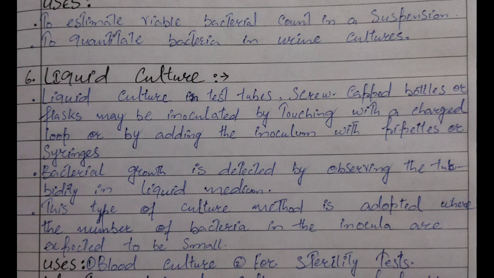Bacterial growth is detected by observing the turbidity in liquid medium. This type of culture method is adopted where the number of bacteria in the inocula are expected to be small. Uses: blood culture and sterility tests.